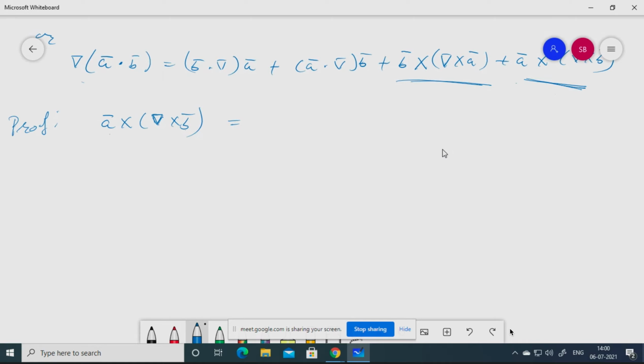So this I will write with the summation sign, will you be able to understand? Yes, ma'am. So with the summation sign, I am writing A bar cross as it is. This one I am writing del cross B bar. Del cross B bar means I cap cross dou B bar by dou X. Is it or not?